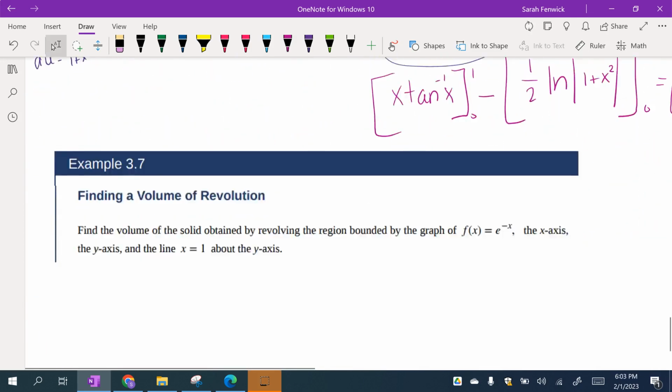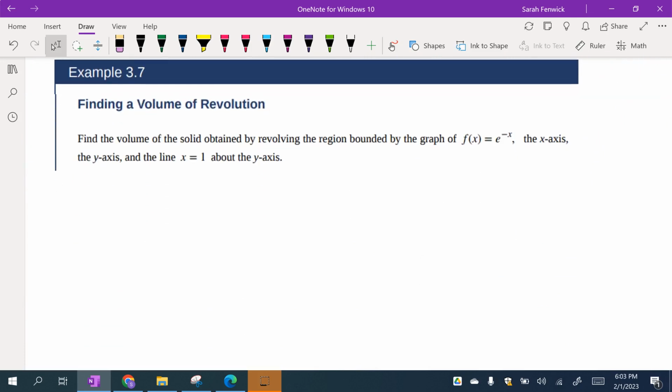All right, finding a volume of revolution. Find the volume of the solid obtained by revolving the region bounded by the graph of f of x equals e to the negative x, the x-axis, the y-axis, and the line x equals 1 about the y-axis. So let's think about this graph first.